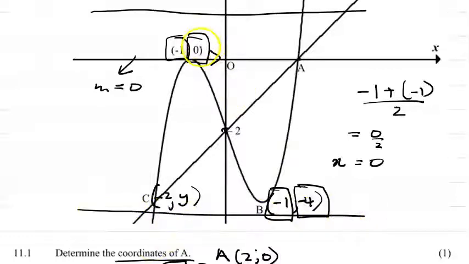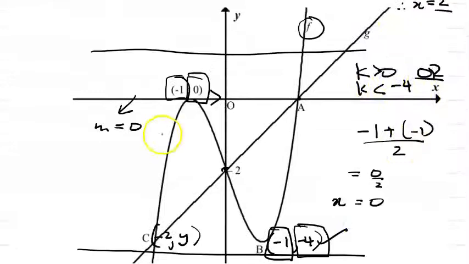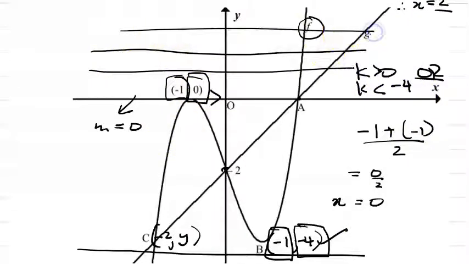So therefore, if you look at the y value of this turning point, k must be greater than 0. So it must be greater than this turning point, or k must be less than this turning point here, which is minus 4. So the solution for this question will be k must be greater than 0. The reason is that if k is greater than 0, it will only cut f at one place.